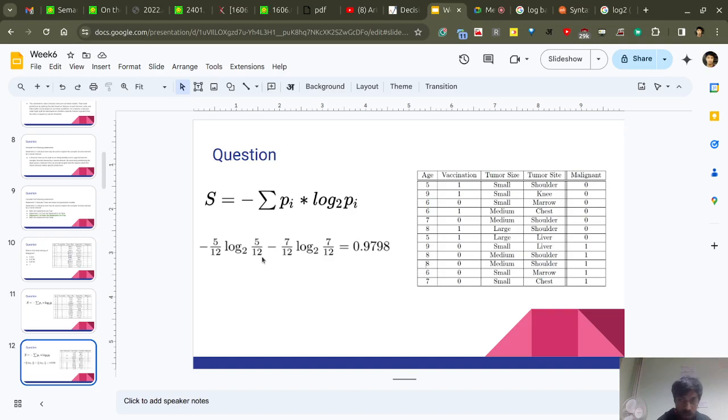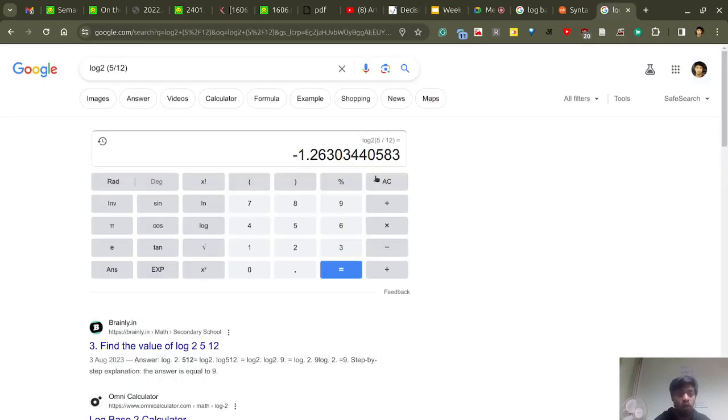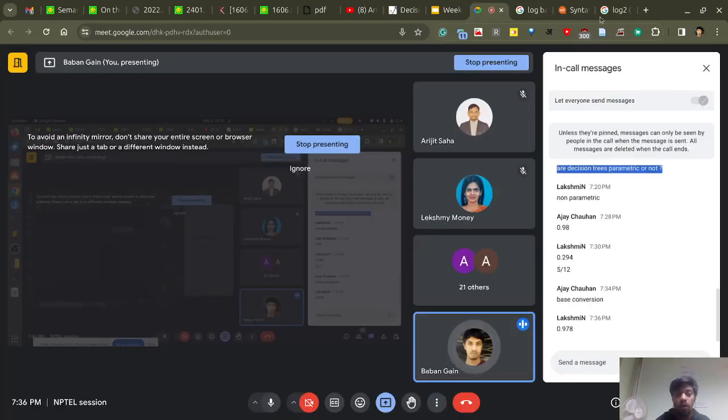So in this case I'll just show you. This is log 2 of 5 by 12, into minus 1, and we have to multiply by 5 by 12. So this is 0.5262. Plus, let's find this one also, log 2 of 7 by 12.